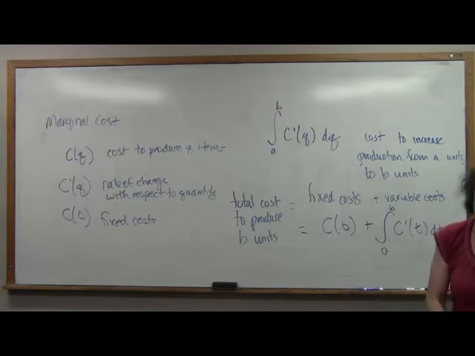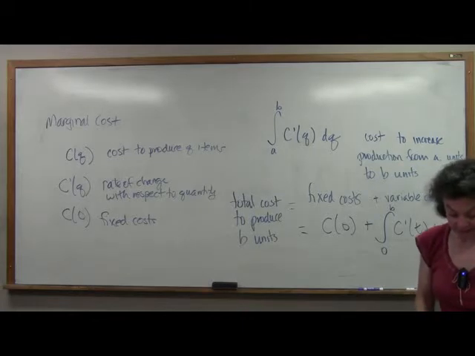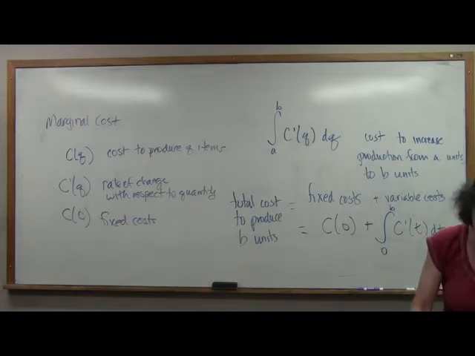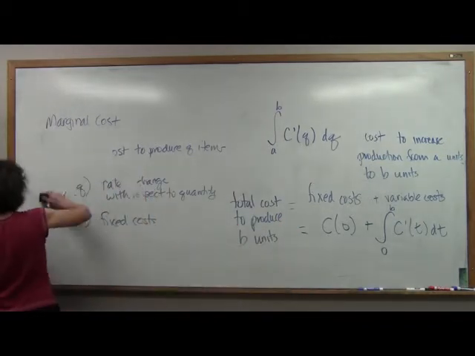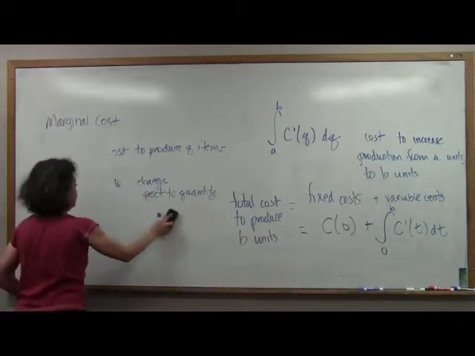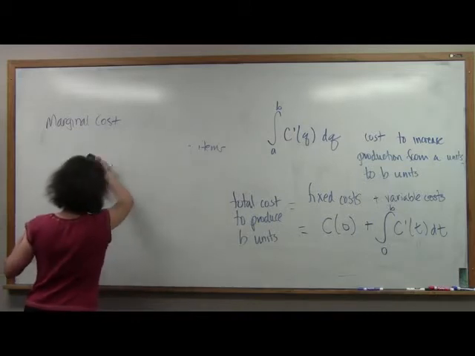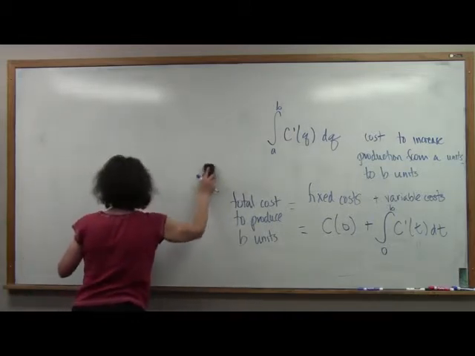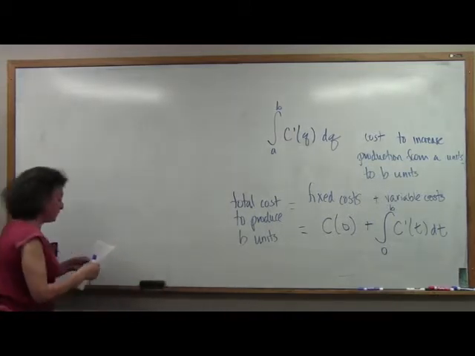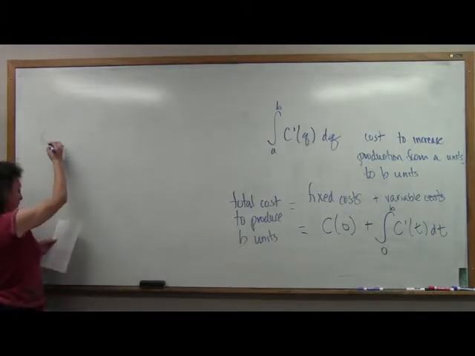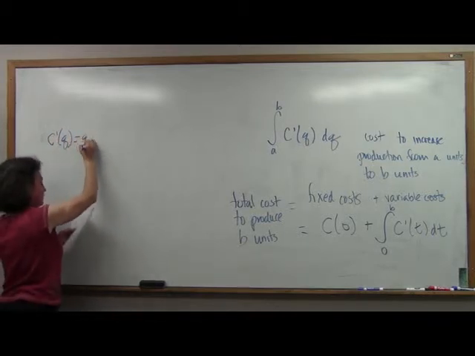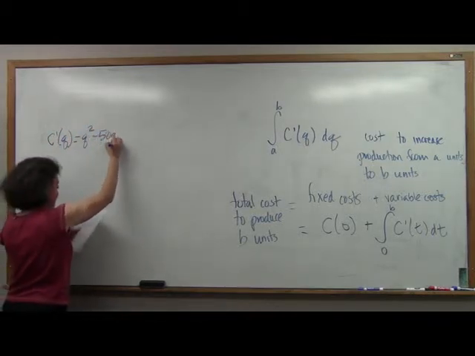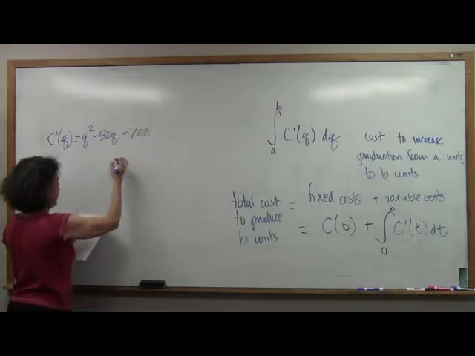Okay? So what does this look like then in practice? Well, let's take an example. Suppose I tell you that the marginal cost of a product in dollars per unit is given as this. C prime of Q is Q squared minus 50Q plus 700.